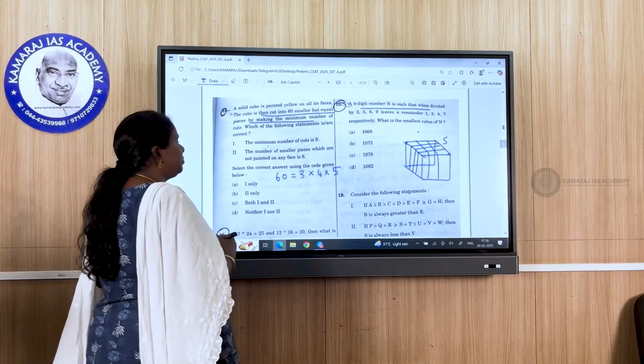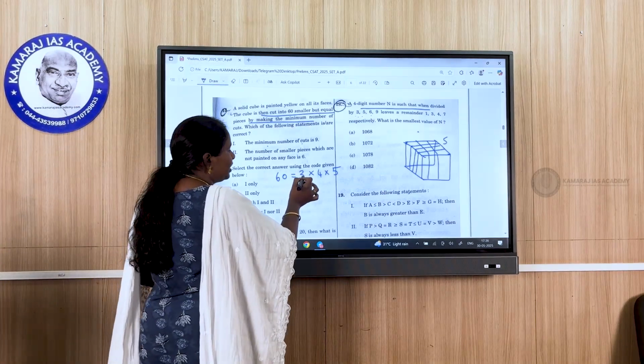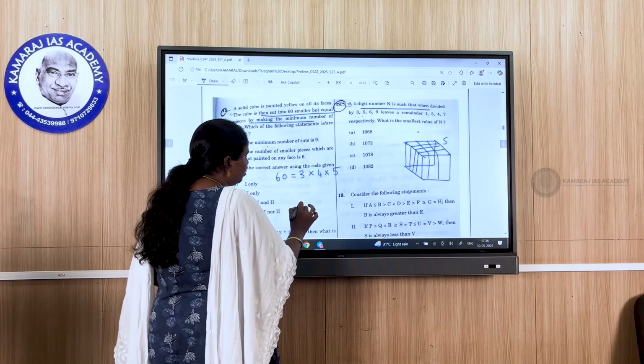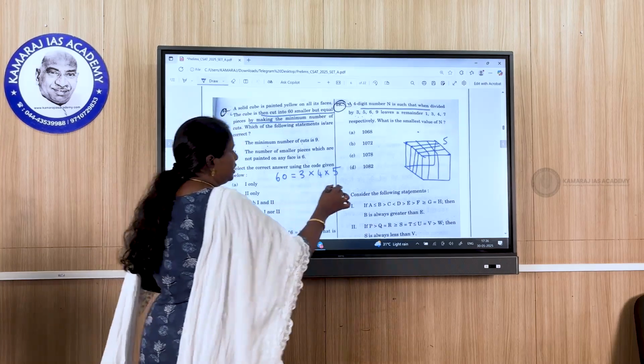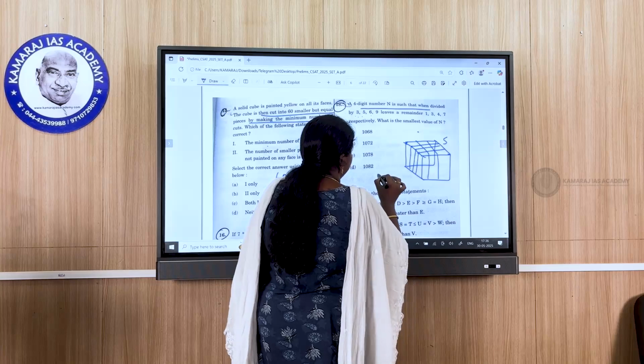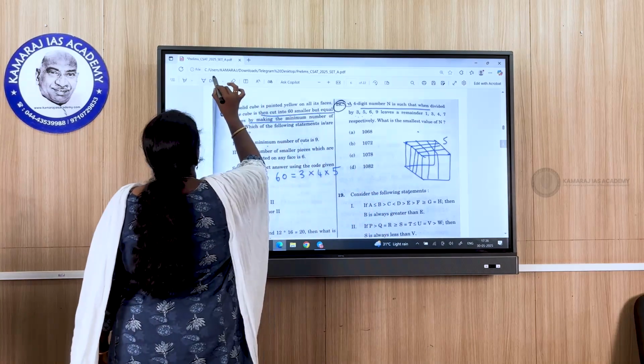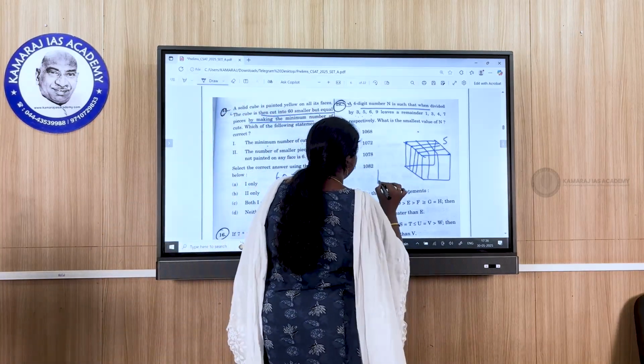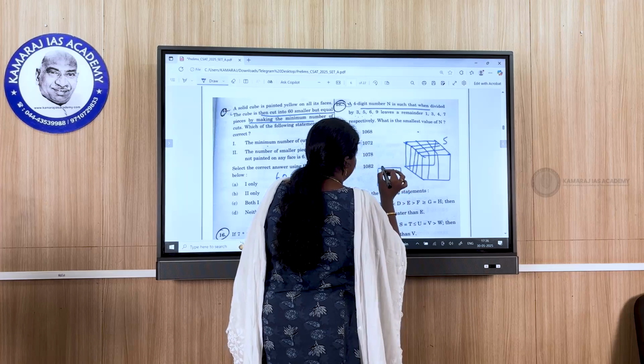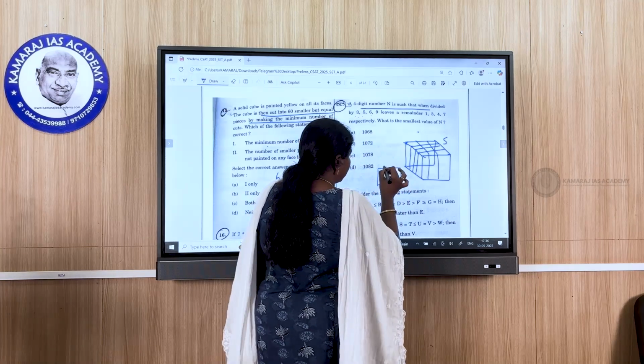What is the minimum cut I can make? If I have 3 cuts, I will have 4 blocks. See here, if I am giving 3 cuts.